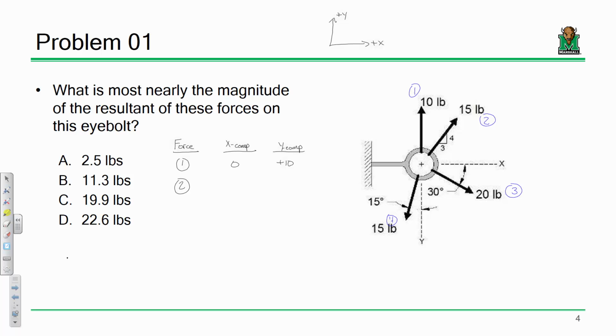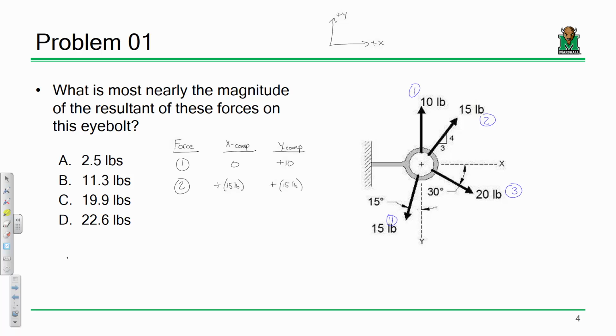So let's leave it at that. Force 2, 15 pounds. Am I going to have a positive x component or a negative x component? Positive y component or negative y component? There we go. This ain't so bad. Now I have 15 pounds times something.